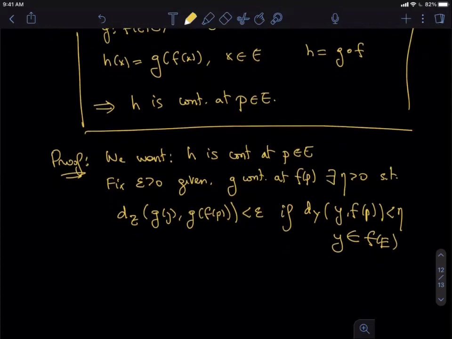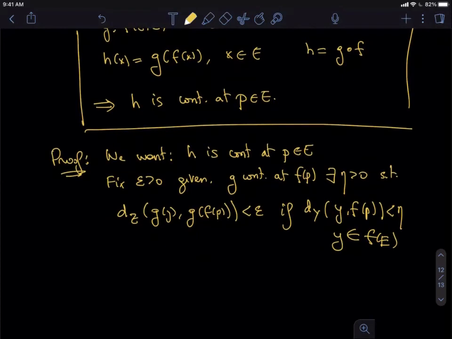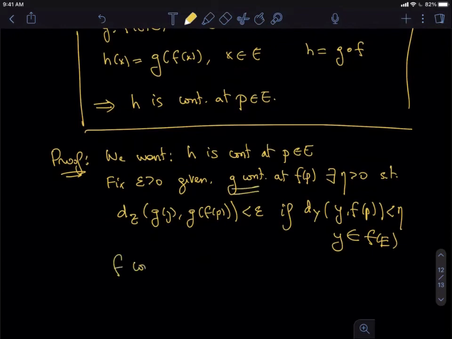Now this is the continuity for g, but now we also have that f is continuous at p.